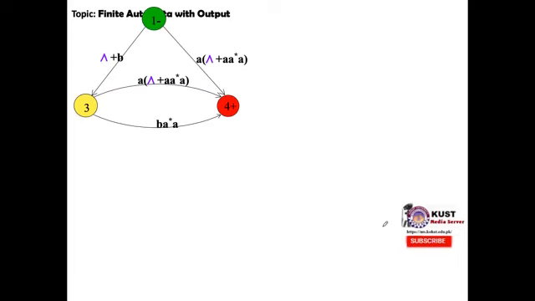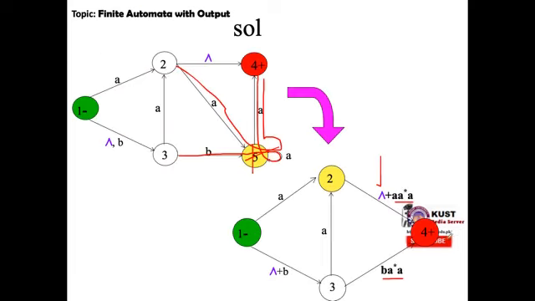Now let's try to eliminate state number 2. I think there are two paths. One path is this one, and the other path is this one. So I think it will become like this.